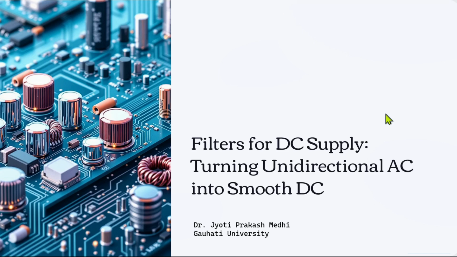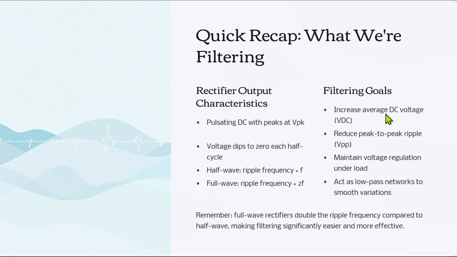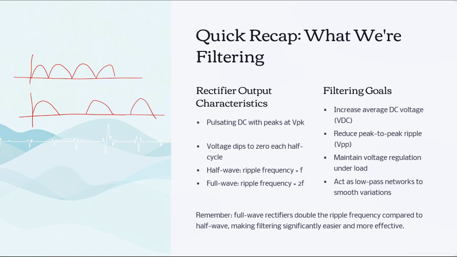So let's move ahead. The rectifier gives us DC, but not clean DC. It has ripples, as we discussed in our last class. The rectifier gives us unidirectional AC signals, whether from full wave or half wave rectifiers, but these are not DC signals, right?